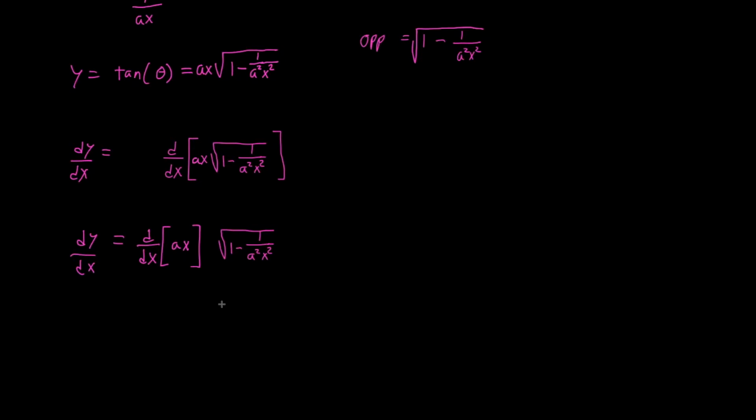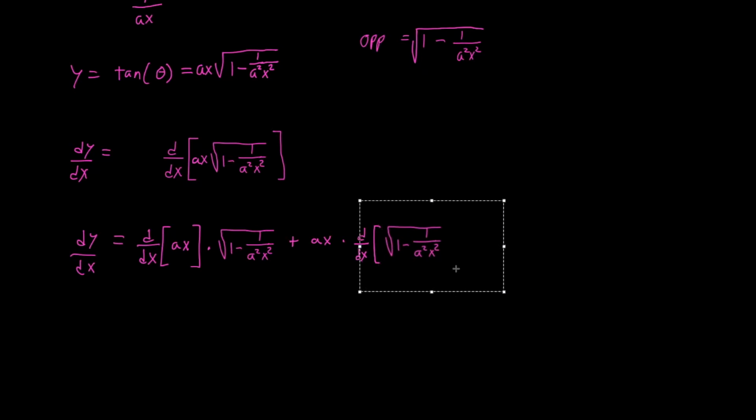So the derivative of ax times square root of 1 minus 1 over a squared x squared plus ax times the derivative of the square root of 1 minus 1 over a squared x squared.